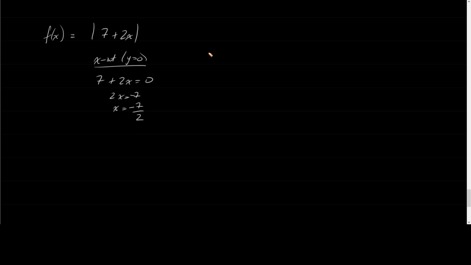Then the next thing we're going to do is test around -7/2. To the right of it, I could test 0. To the left of it, well, -7/2 is -3.5, so I'm going to check -4, and I'm going to see what's happening to the y value, right? Where here, 7 plus 2x is the y value.